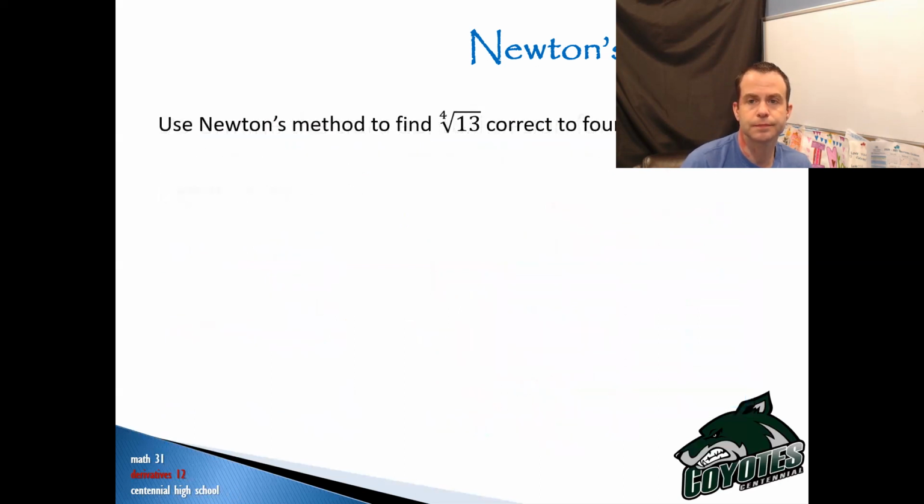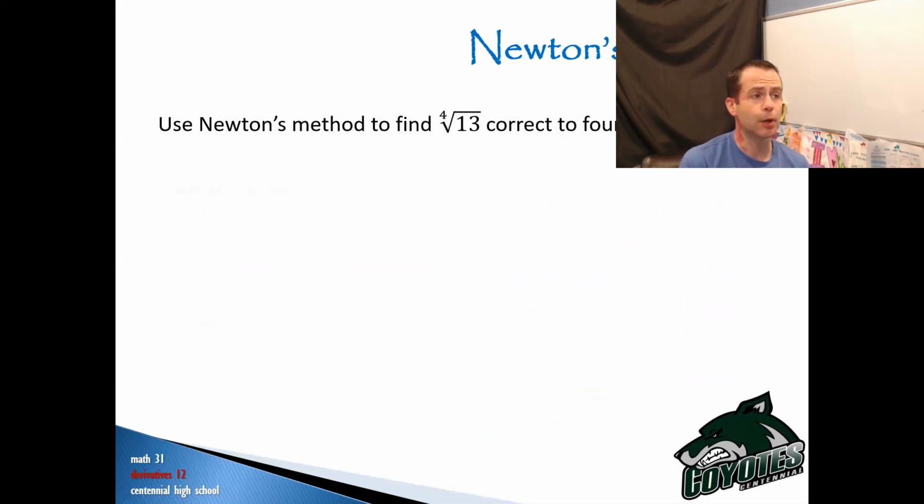So now we're going to use Newton's method to find the fourth root of 13. Here's the cool thing. We can use it to find irrational numbers, irrational roots, correct to 4 decimal places. So first of all, we need an equation.